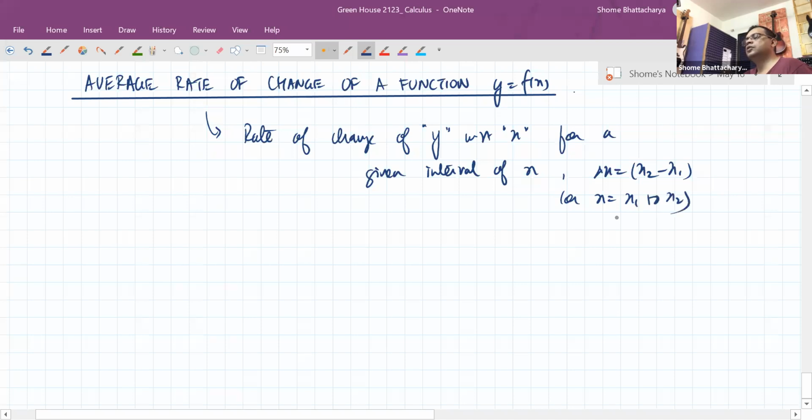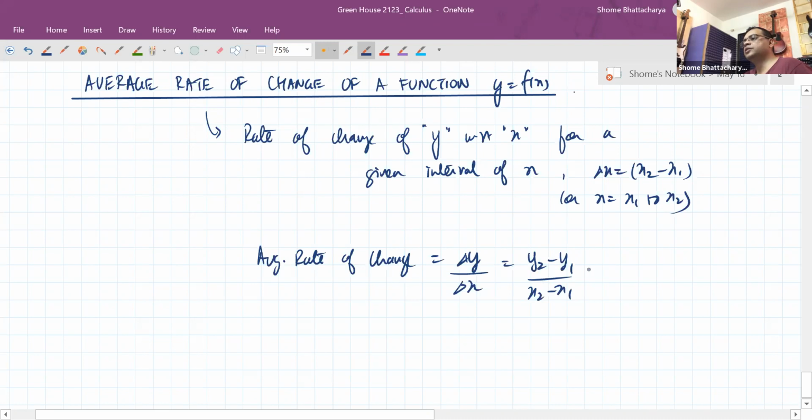to x2. So how is this average rate of change defined? The average rate of change equals delta y, that is the change in y, upon delta x, that is the change in x, for this particular interval. So y2 minus y1 upon x2 minus x1. Further, what is y2? It is the value of the function at the point x2.